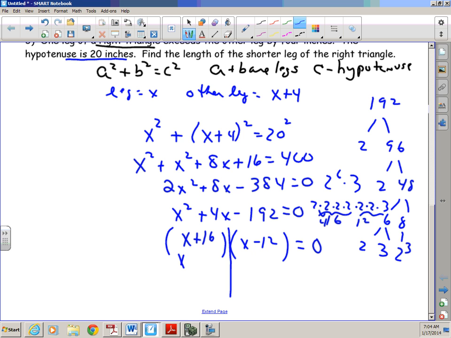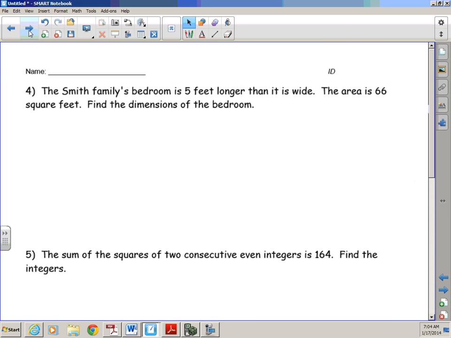So I get 2 answers. You have to solve this all the way through, even though you know one of your answers is going to be unacceptable. So one leg is 12, the other is 16. The length of the shorter leg is then obviously the 12.